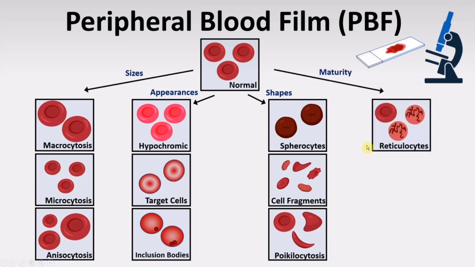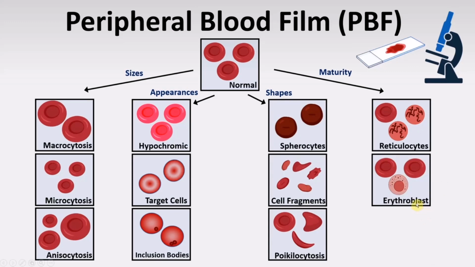Other than the shapes, we can also look at the maturity of the red blood cells through PBF itself. So that's something that we have discussed in our previous slide. We can actually look at the reticulocytes and count the number of reticulocytes in the slide itself. Now, other than reticulocytes, sometimes we may see very immature red blood cells.